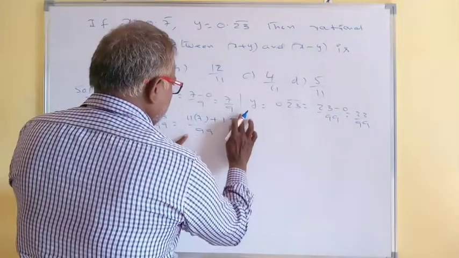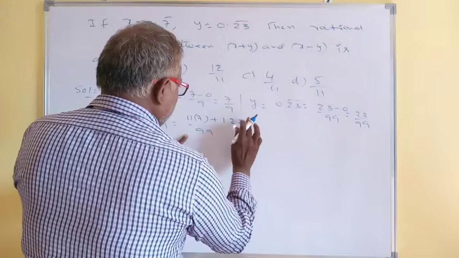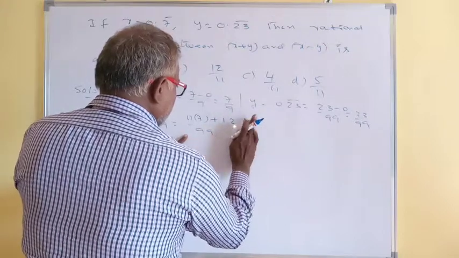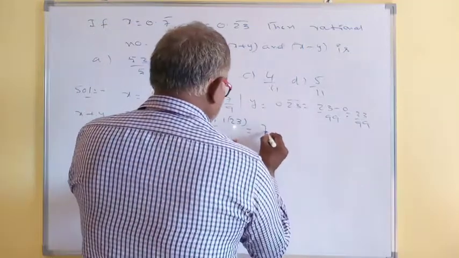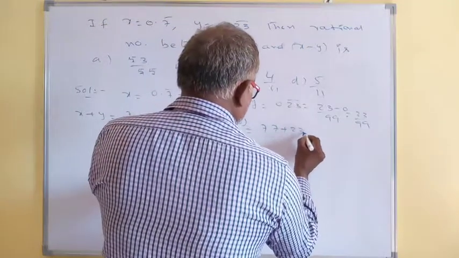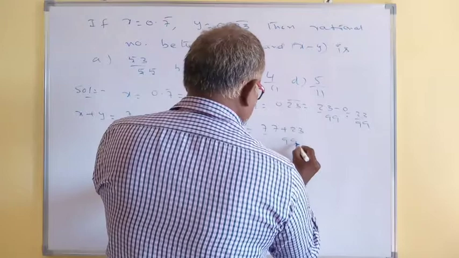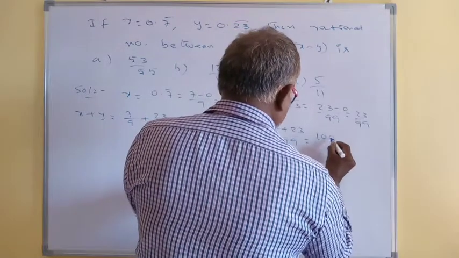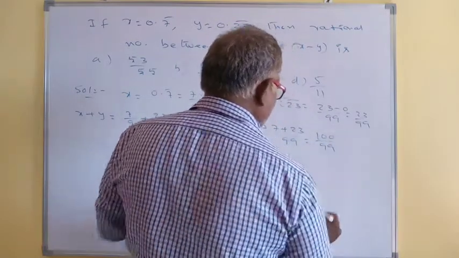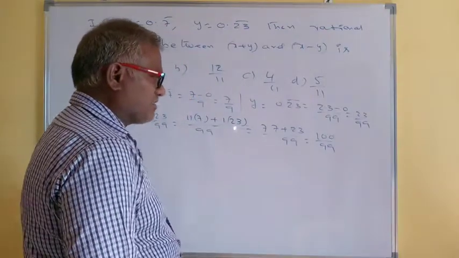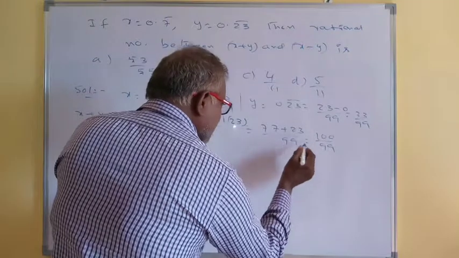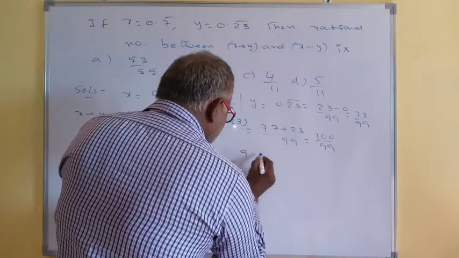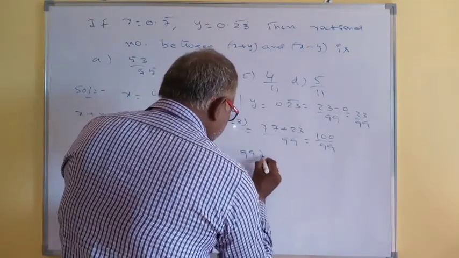So 1 into 23. That means here 77 plus 23 by 99 gives us 100 by 99. Okay. So let us convert into terminating or non-terminating.